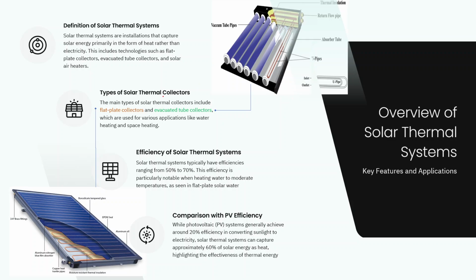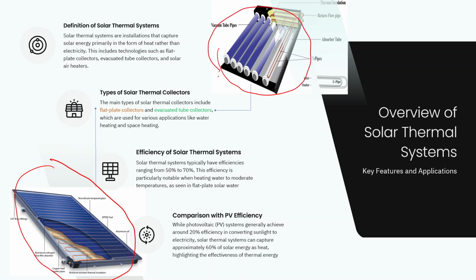You have the flat plate collectors like what you have shown here, and you also have the evacuated tube collectors, which I have shown here, right? These are basically used for applications like water heating and space heating.